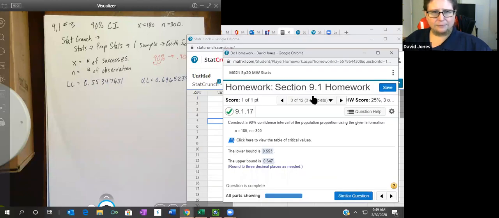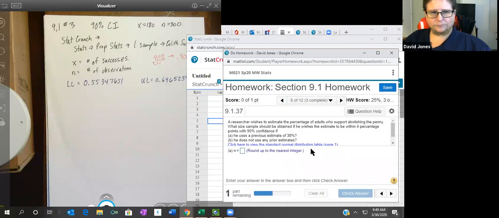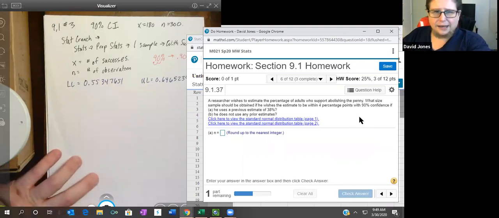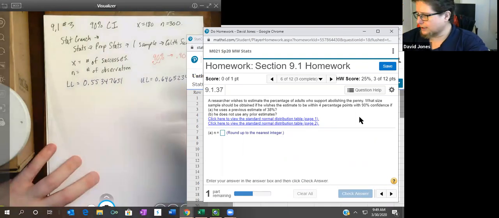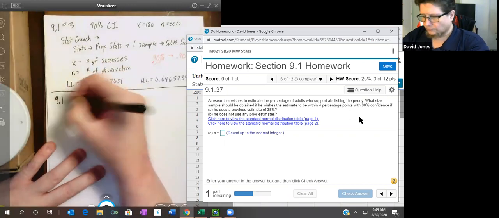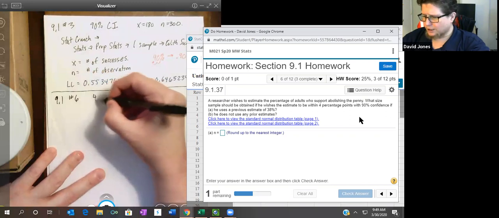Okay, I want to take a look at number 6, because number 6 is a little tricky. So a researcher wants to estimate the percentage of adults who support abolishing the penny. What size sample should be obtained if he wishes the estimate to be within 4 percentage points?